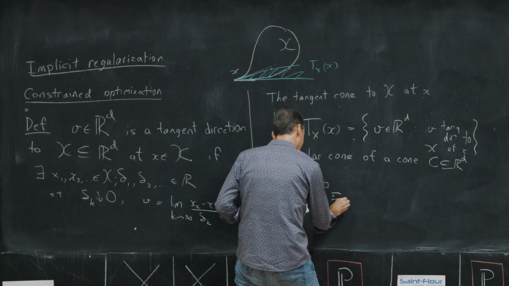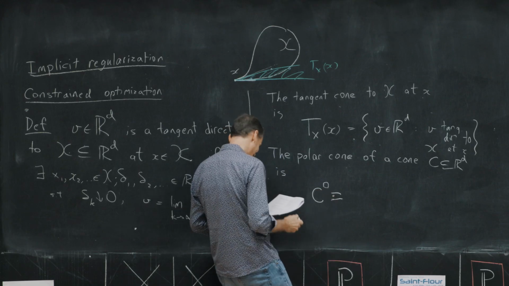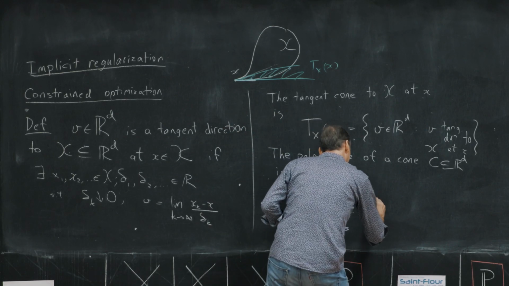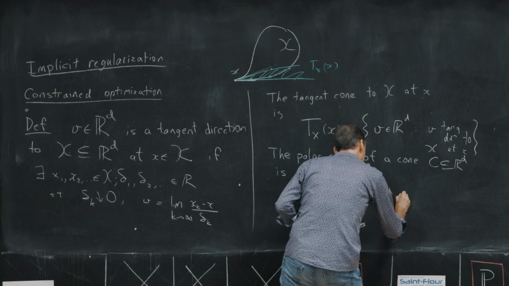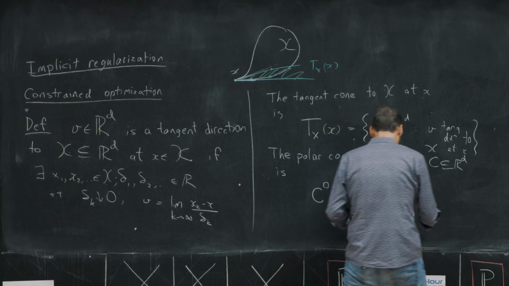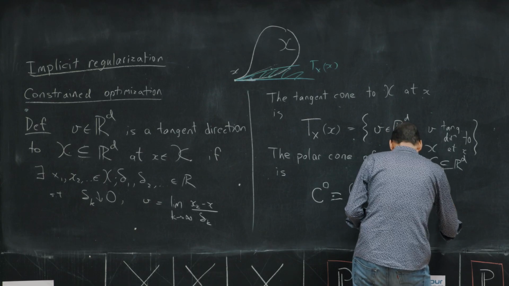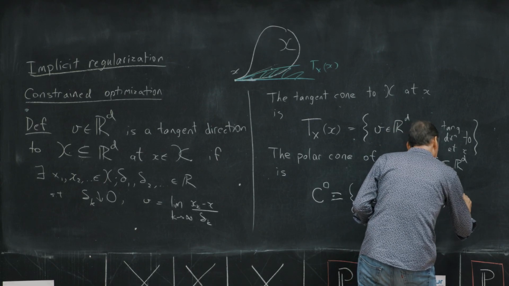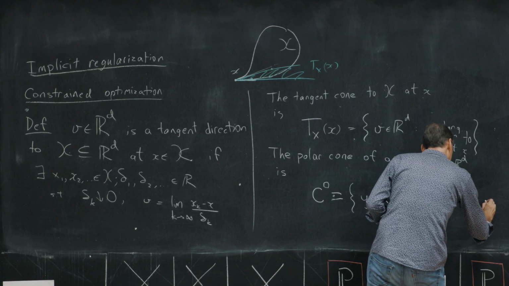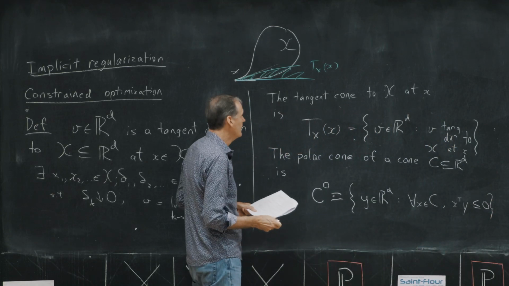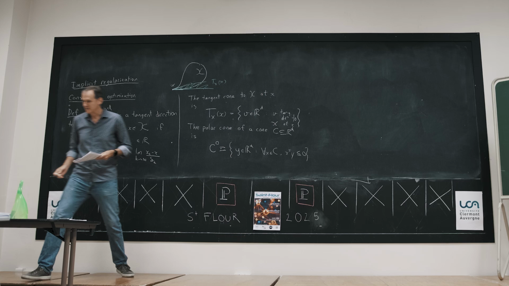There's a little blemish on the board here, no significance to this dot. The polar cone is the set of directions where the inner products are non-positive. In this case, we can use another color.